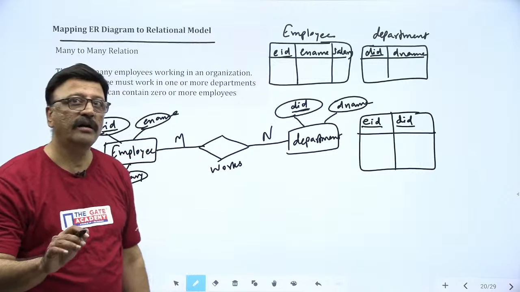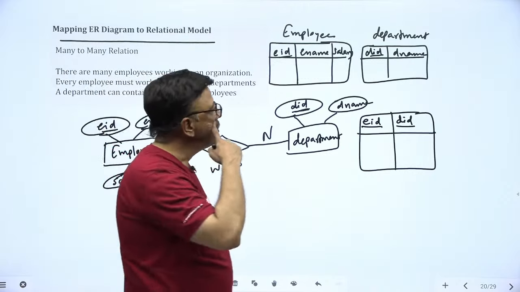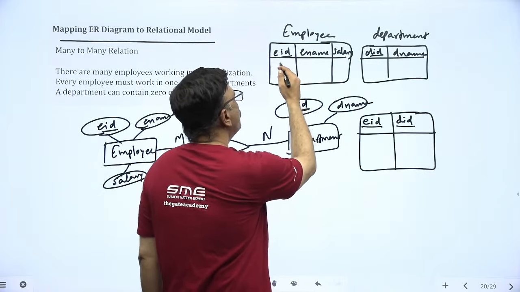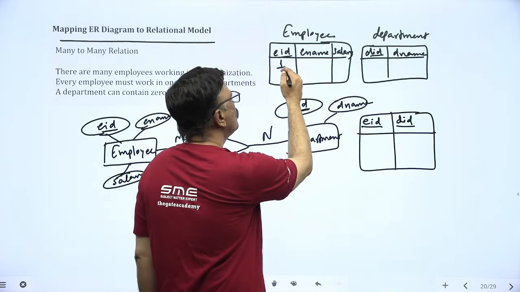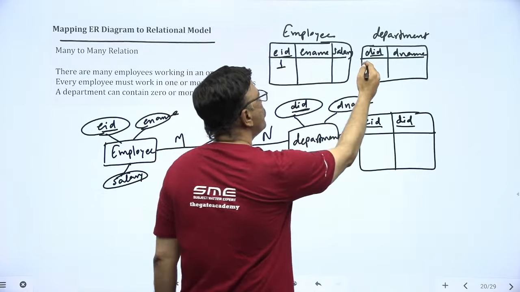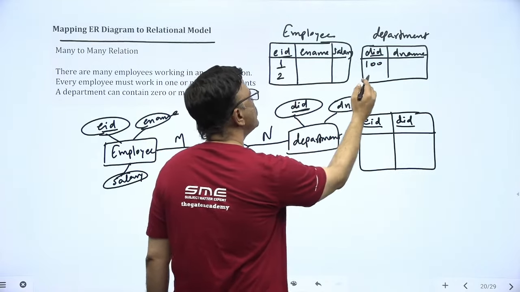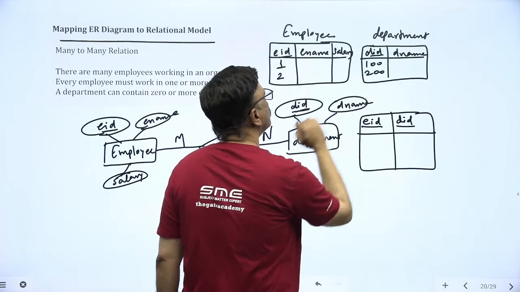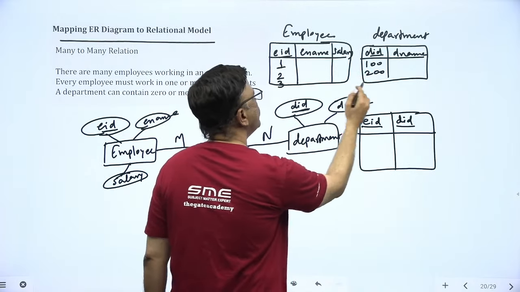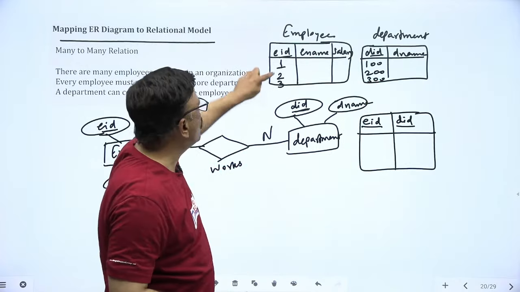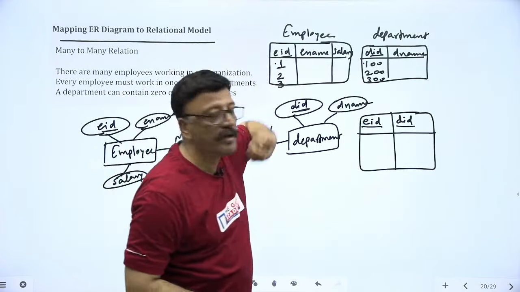Now, wait a minute. What is the meaning of this? The meaning of this is that we may say that employee number 1, and there is a department 100. Employee number 2, and there is a department 200. Employee number 3, and there is a department 300. Now, what if this employee 1 works in all 3 departments?